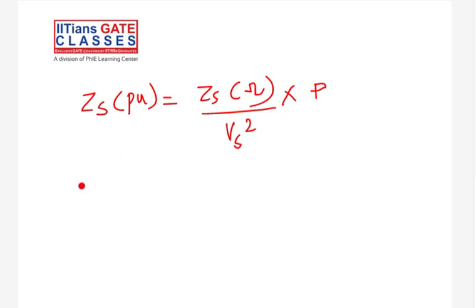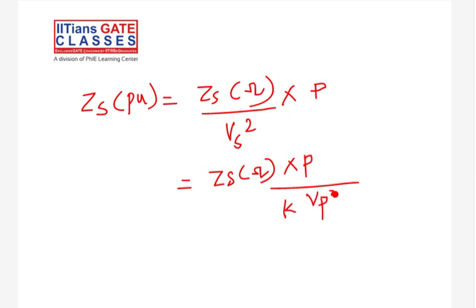Okay, and now the question arises, what is Vs square, right? That would be Z secondary in ohm into P into K square V square, right?